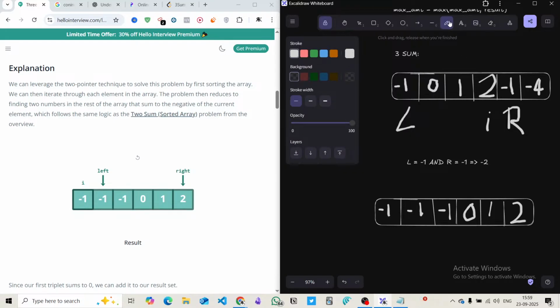Okay. So now we use the L here and then R here, right?